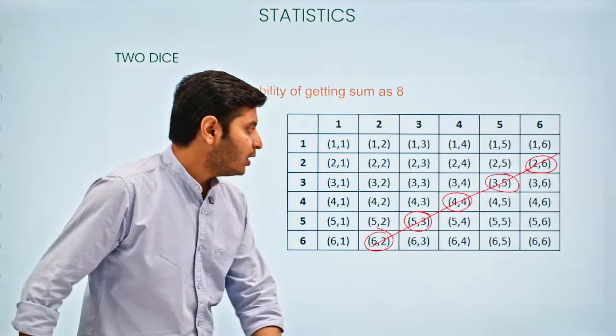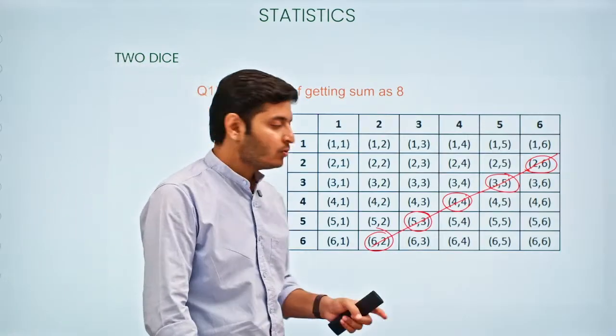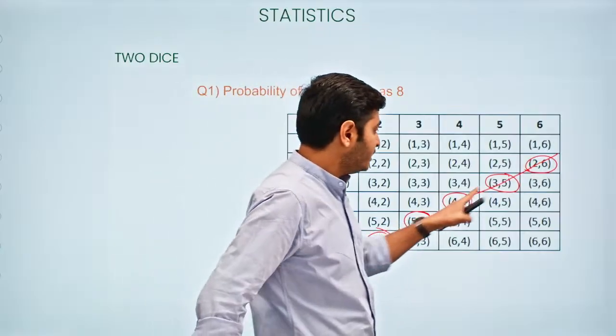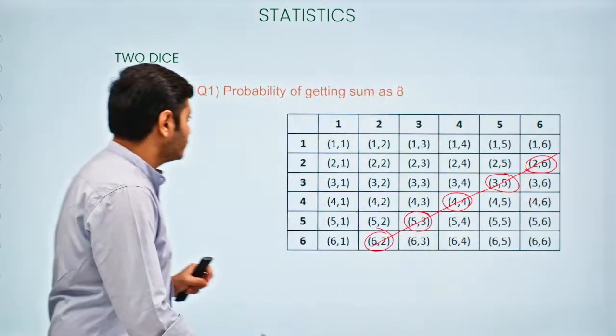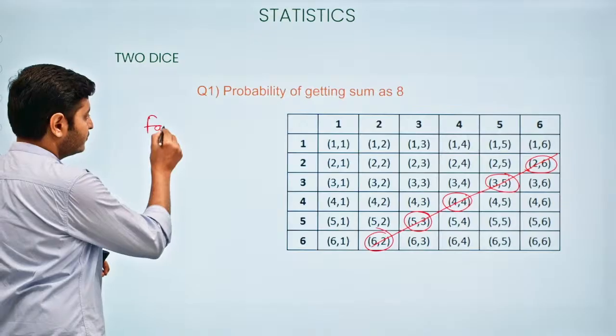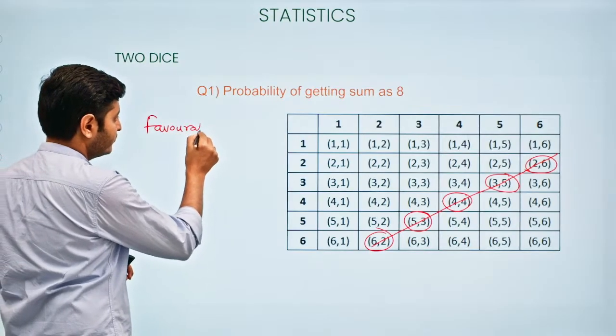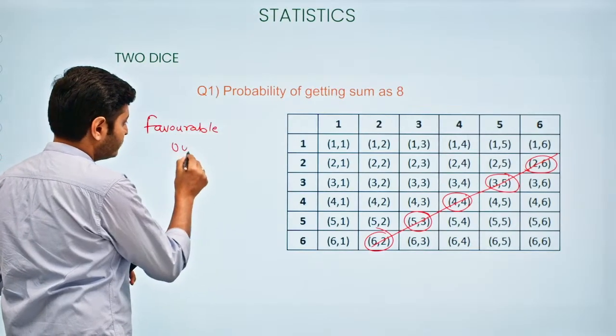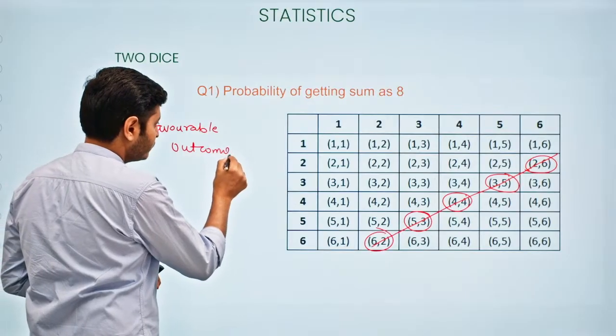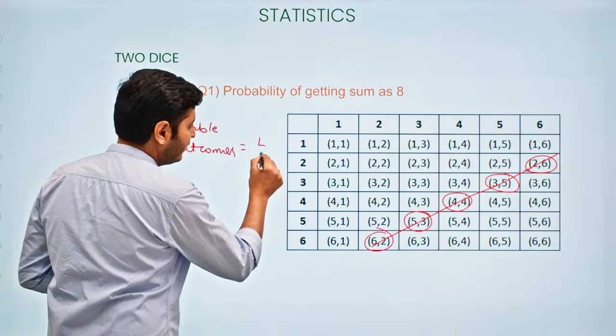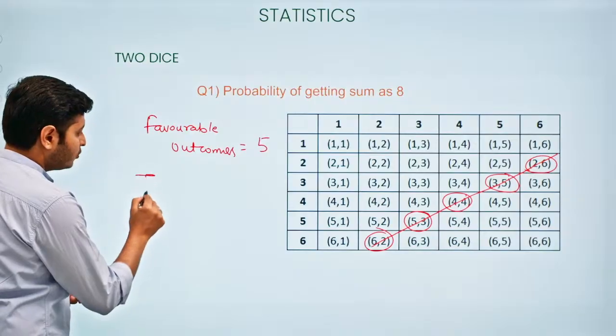So how many favorable outcomes are there? 1, 2, 3, 4, 5. Favorable outcomes is 5.